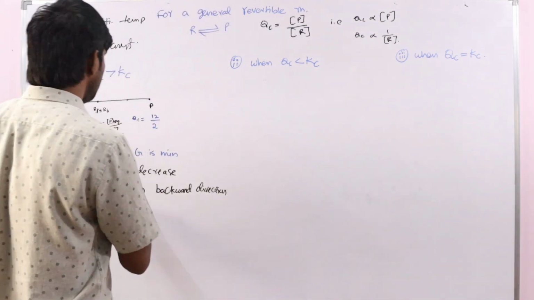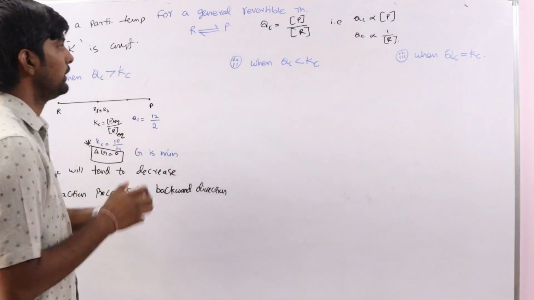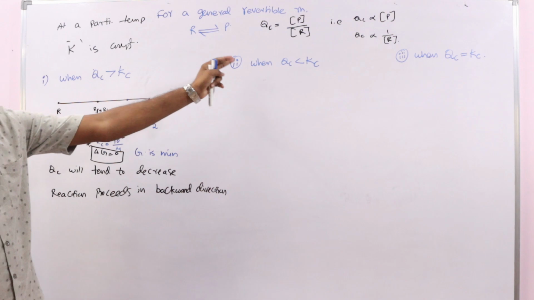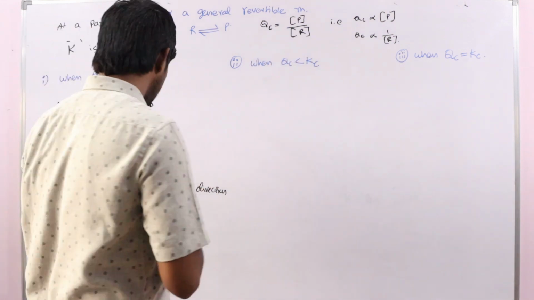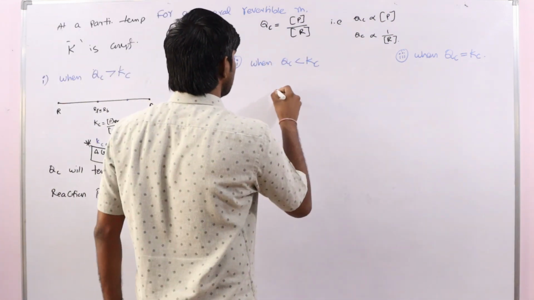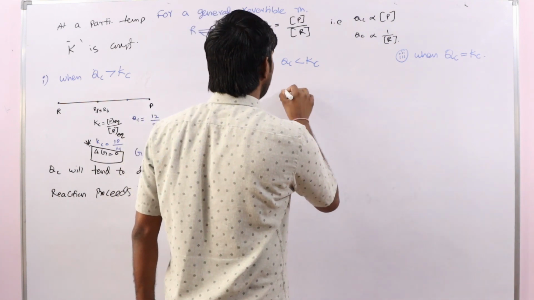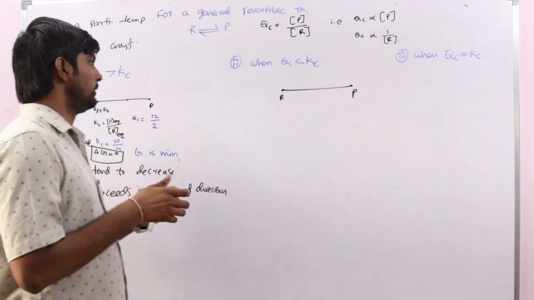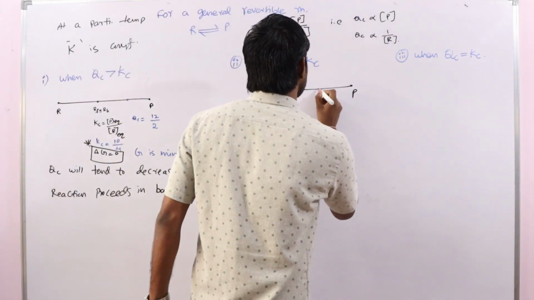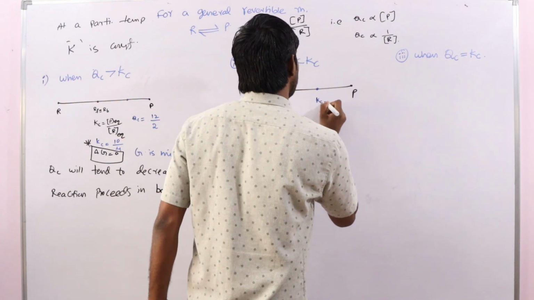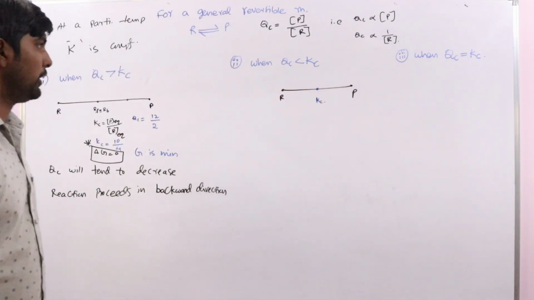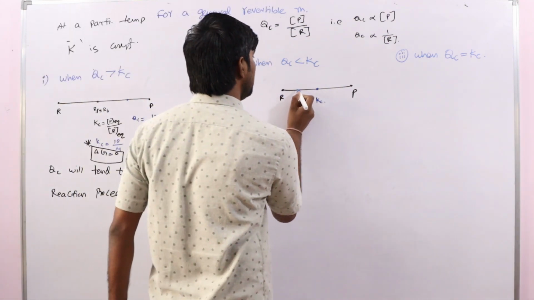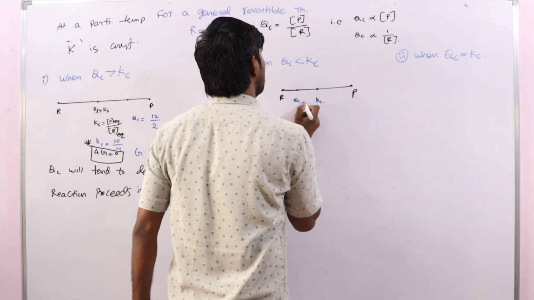Okay, now if you understand this one, this is the same story, with slight changes. Here QC is greater than Kc, here QC is less than Kc. Okay, so now reactant and product, a reversible reaction. So here, suppose this is the equilibrium position, and here it is given that QC is less than Kc, which means here we have QC.